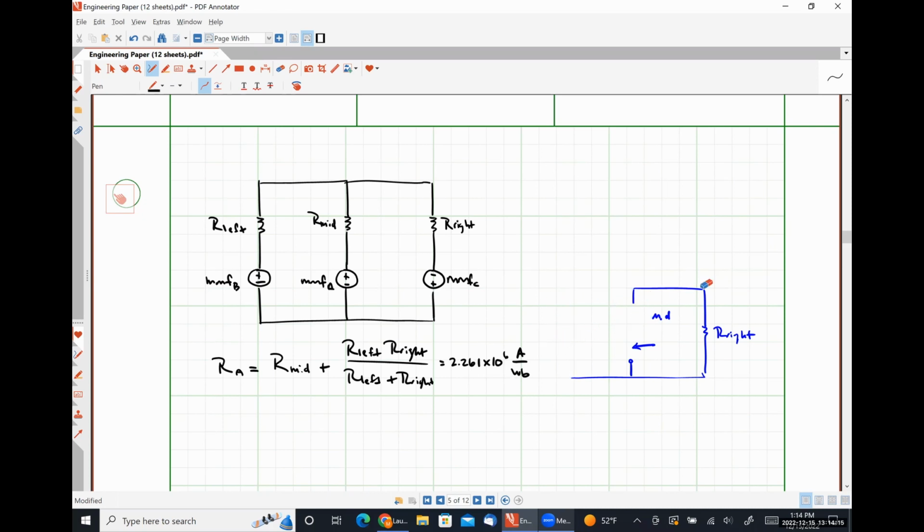I might double check that really quickly. Oh no, that's definitely right, because the air gap is dominating everything. That's why it's that large. Nope, that seems fine. Okay.